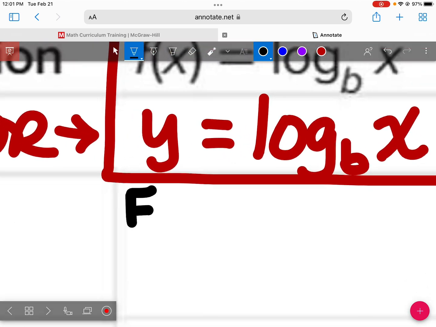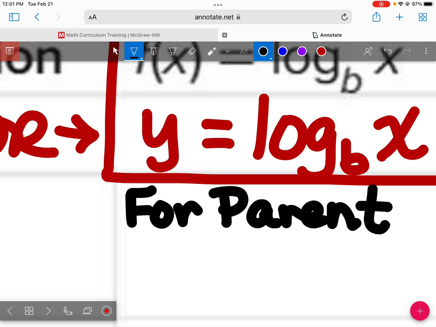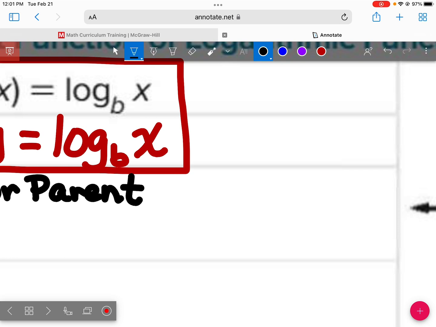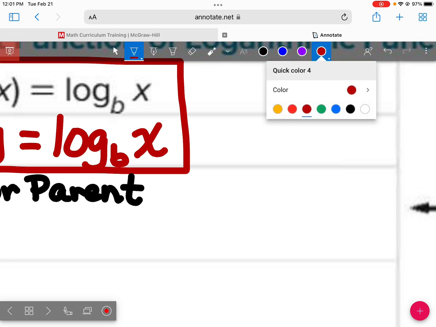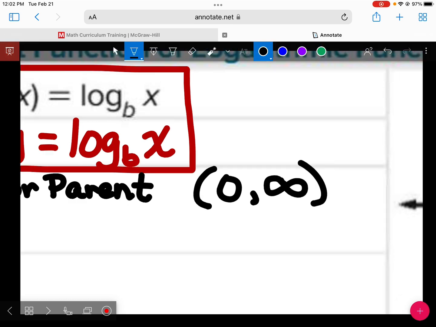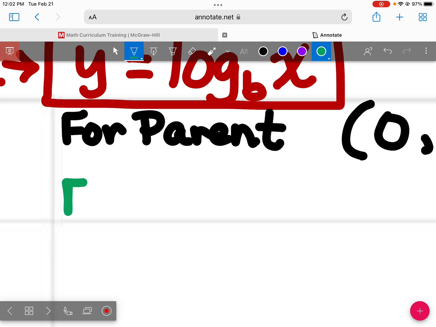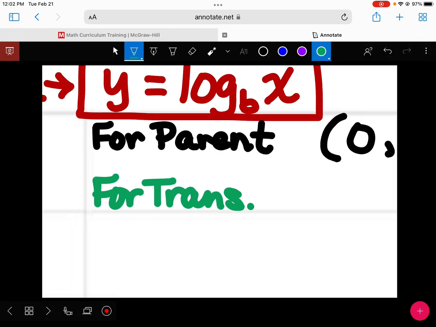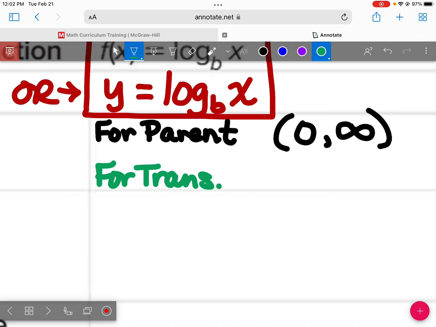The domain for the parent. Does anybody remember what we wrote down on the front page was my domain for the parent? 0 to infinity, yes. What about for transformations? We wrote this down on the first page too. What is my domain for transformations?